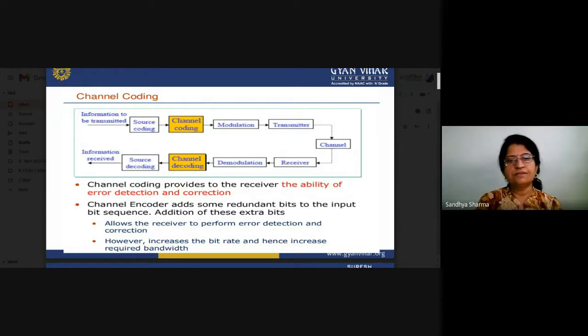Now we will see the role of channel coding in our communication system. After channel coding, we will go to the modulation techniques, and then through the transmitter we will transmit our signals. First of all, we will discuss the role of channel coding.